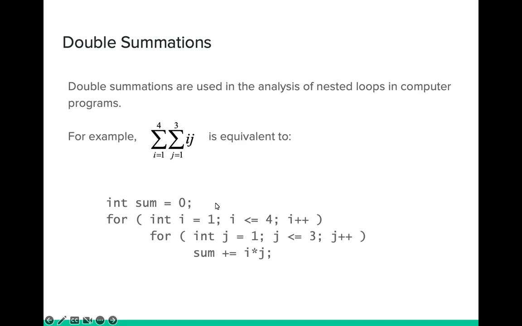Translating that into code, we have this block of code. Suppose we are taking the sum, so we initialize the variable sum to 0. First, the outer summation may be written as this loop: for i equals 1, which is the lower limit, iterating through all the values of i until 4, then i plus plus.